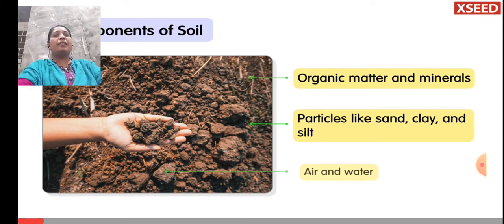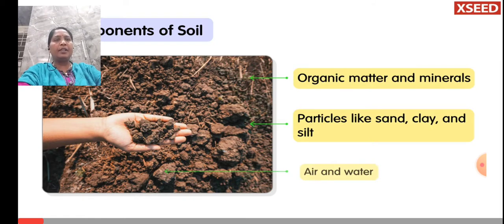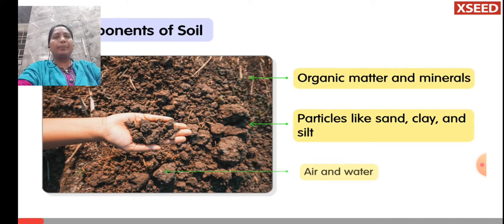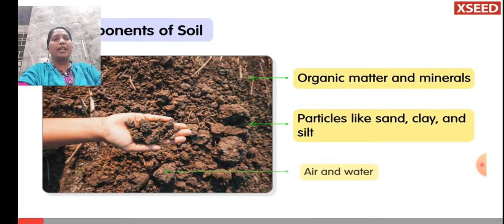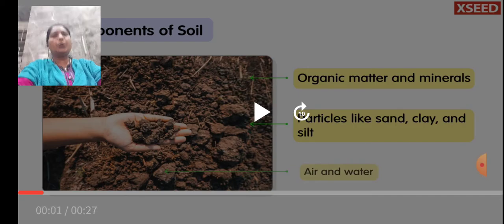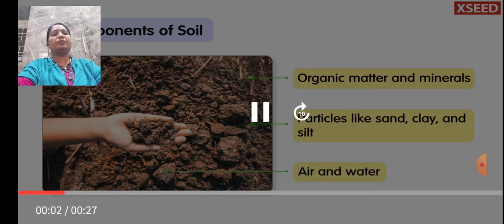Along with this, it also contains minerals and particles like sand, clay and silt. These are all present in the soil, and along with the organic matter, sand, clay and silt, it also contains air and water. Due to this air, some animals are able to live in soil, and it also has some amount of water too. Different components.